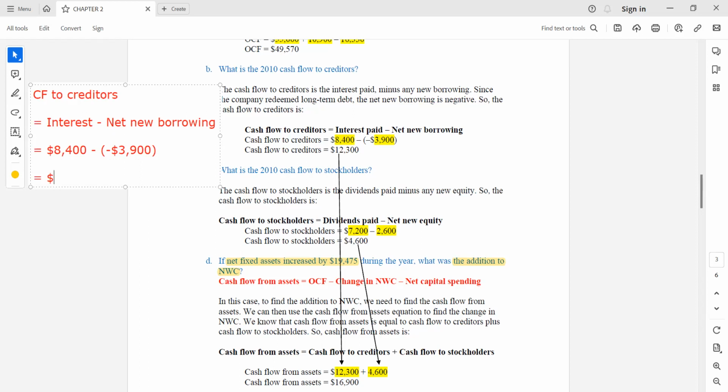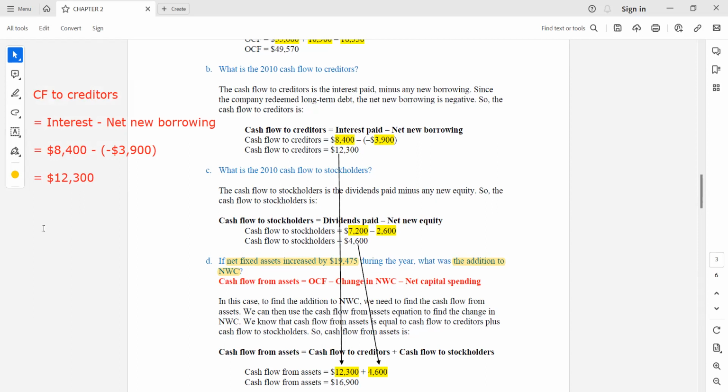So that's why when you add this up together, this is the total amount that you pay to your creditors. Then now it makes sense to you already, because you pay 8,400, which is the interest, plus you pay back the debts, which is 3,900. So negative, positive. So the total amount that you pay is 12,300. Done. Question B done. See, so this kind of question comes out in midterms, easy, right?